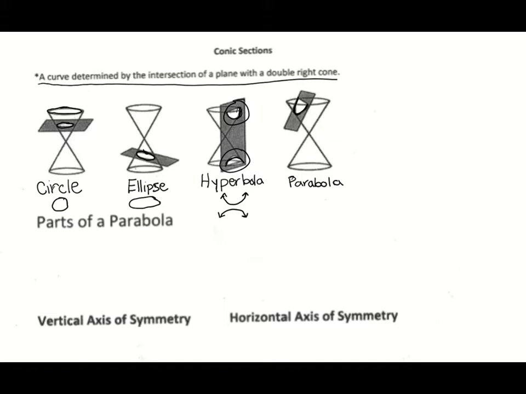And this is just one U shape. It's a little skinnier than a hyperbola would be. Hyperbola opens up wider and there's two of them. Parabola is a little skinnier and there's only one. So these are our four different types of conic sections that we're going to look at.